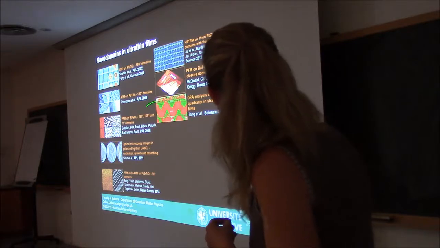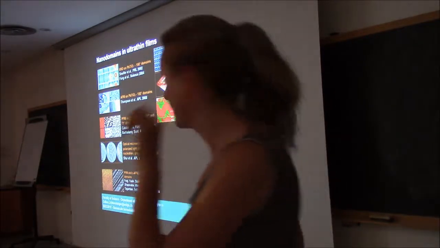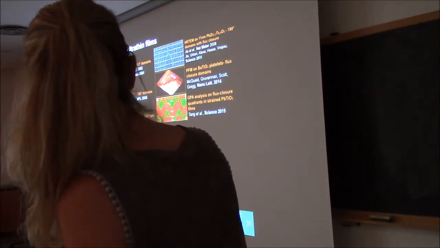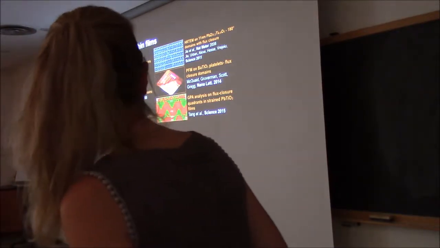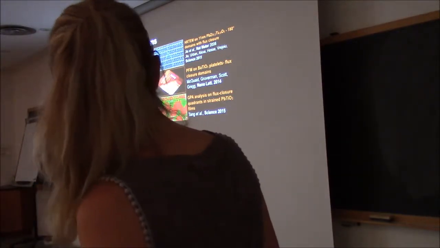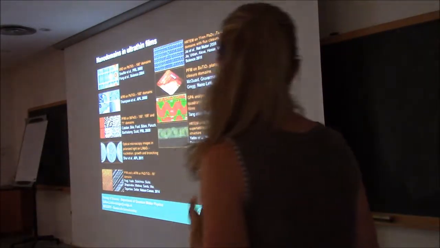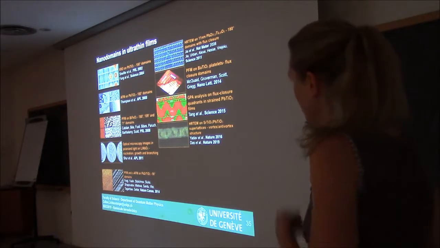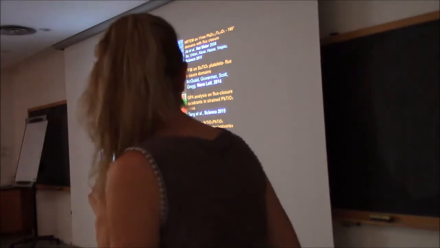TEM images also with this GPA analysis that was explained very nicely yesterday by Odile, where here that was applied on PTO thin films, and using this GPA analysis they were able to also show this flux closure quadrant and the change in the strain of the PTO films. High resolution TEM images on STO-PTO superlattices, where you see the vortex-anti-vortex structure that I guess Lane Martin has shown you last week.